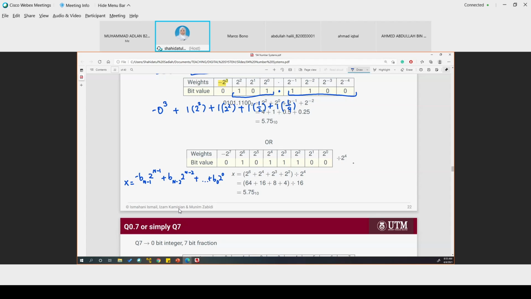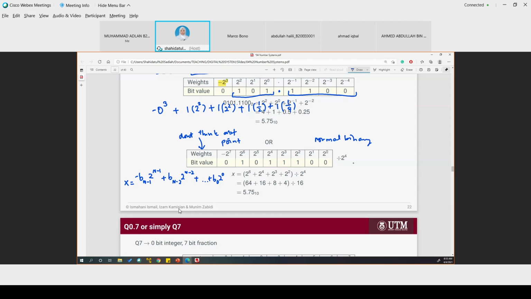You just have to worry about the position. Don't think about the binary point. Just calculate this as usual, as a normal binary.